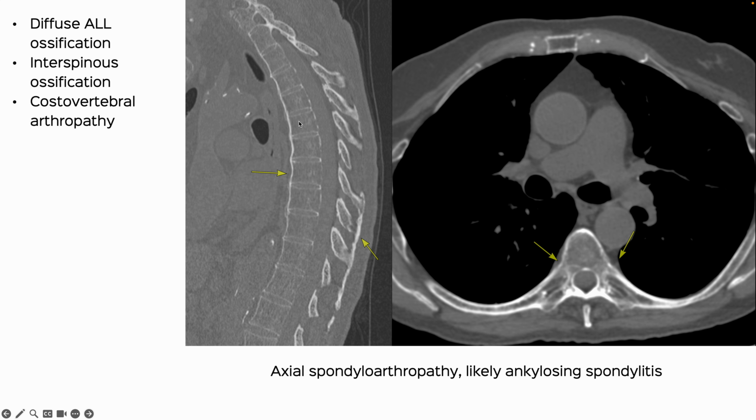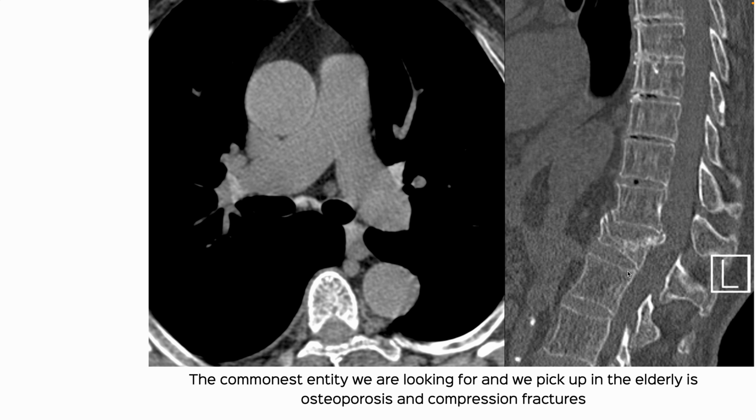Now, to summarize, we have fine ALL ossification, interspinous ossification, costovertebral ankylosis. This is an axial spondyloarthropathy, likely ankylosing spondylitis. The commonest thing we look for and find when we're looking at CT chests in the elderly is osteoporosis and compression fractures, as in this patient.